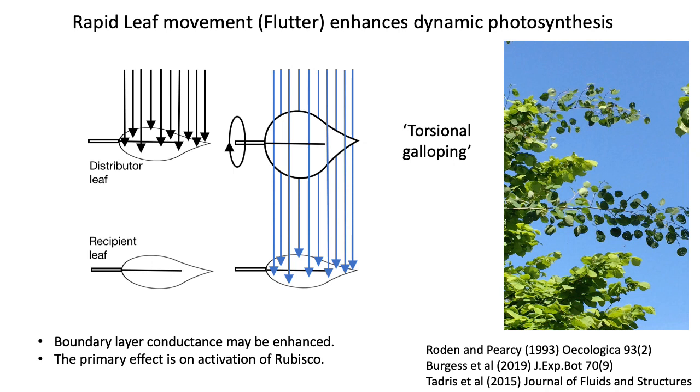And this twisting around the petiole creates a rapid light dynamics for the leaves around it, and this rapid change in light intensity was shown to maintain, for example, rubisco activation state. So rapid leaf flutter caused by something known as torsional galloping could help to distribute light within plant canopies, and this is wind-induced.